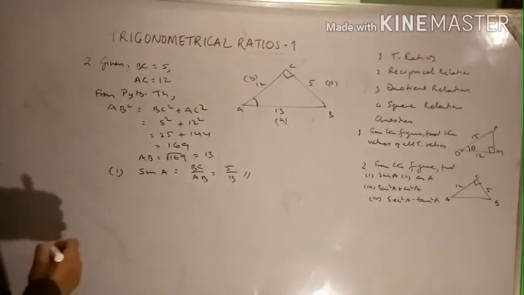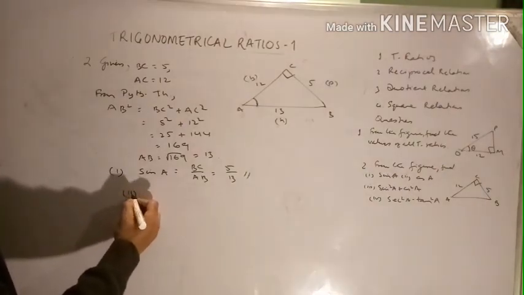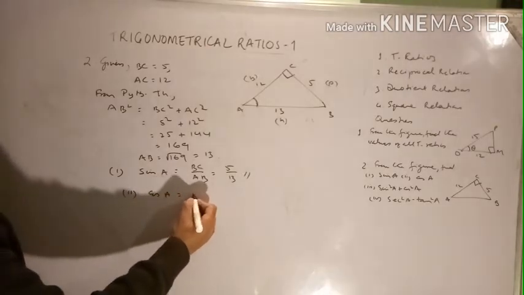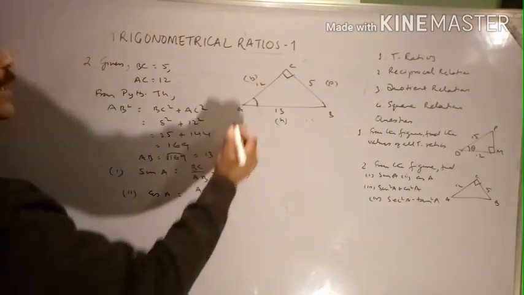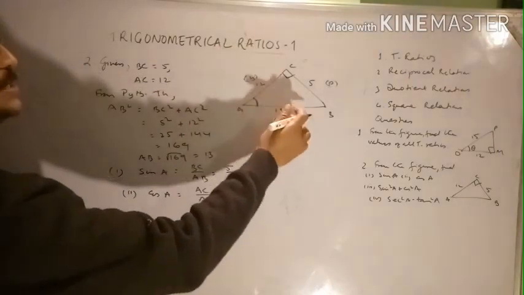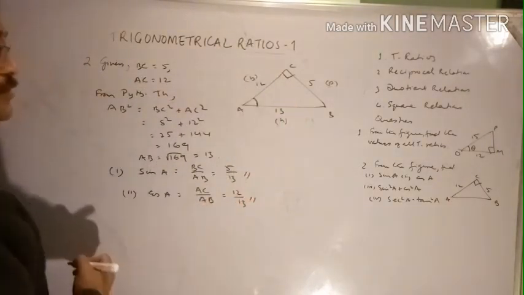So that's the answer. Next is question number 2. We have to find cos A. So cos A is equal to base by hypotenuse, that is AC by AB, because this is the base. So that is 12 by 13.